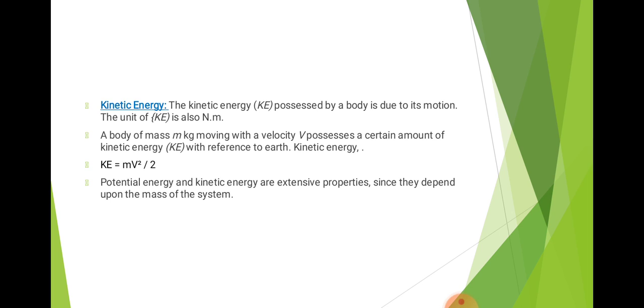A body of mass m kg with the velocity v possesses a certain amount of kinetic energy KE with reference to the earth. So that's why we get this formula: KE is equal to mv square divided by 2.